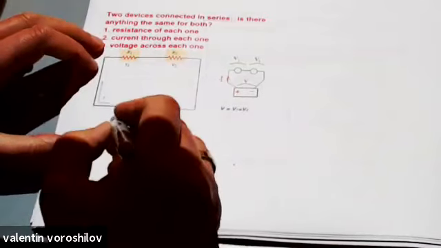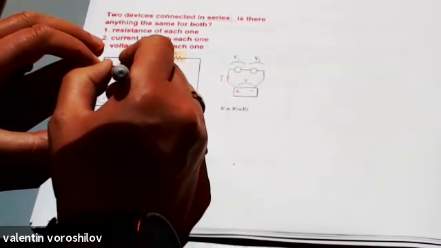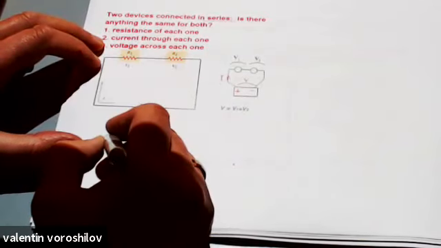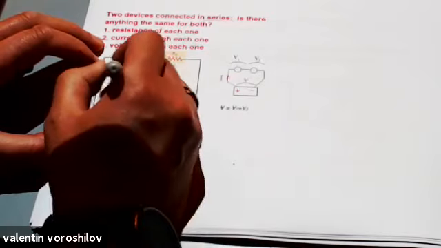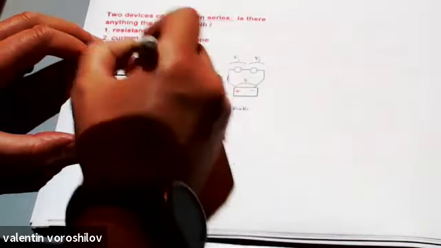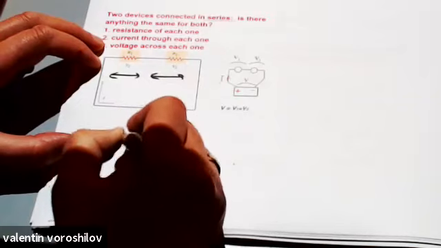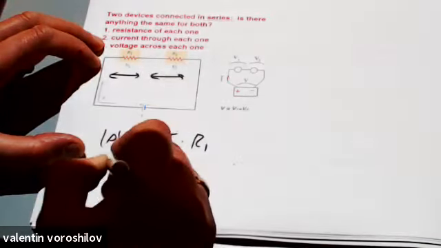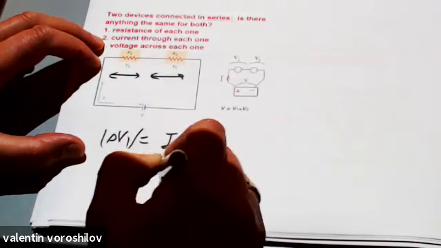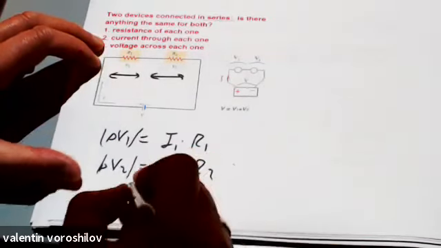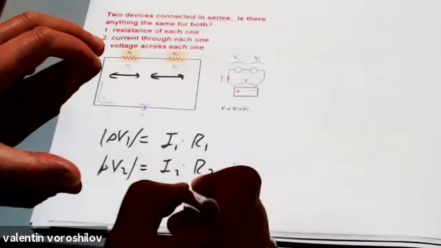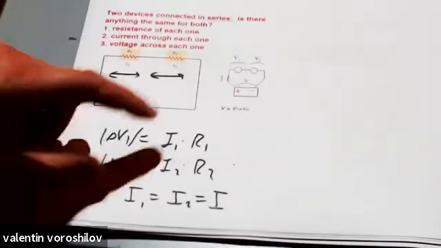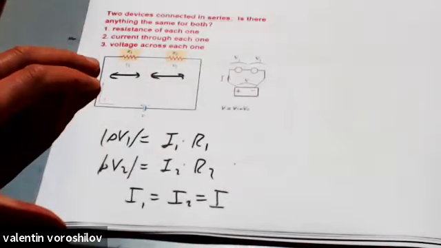Well, technically, we can write two Ohm's laws. Delta V1 should be equal to I1 times R1. Delta V2 should be equal to I2 times R2. But the electric current is the same, so there is no need to keep the subscript.